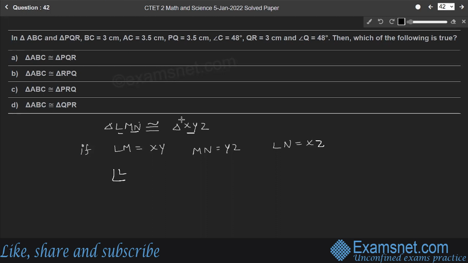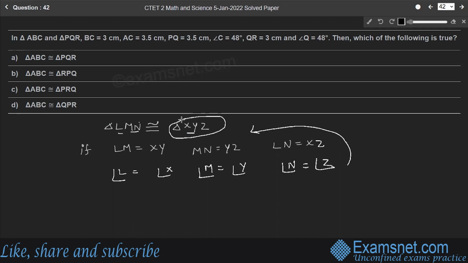Similarly, angle L is equal to angle X, angle M should be equal to angle Y, and angle N is equal to angle Z. Then only we can say triangle LMN is congruent to triangle XYZ.